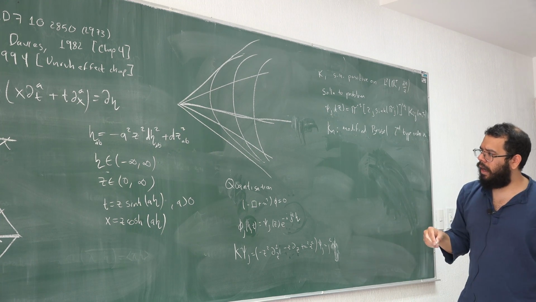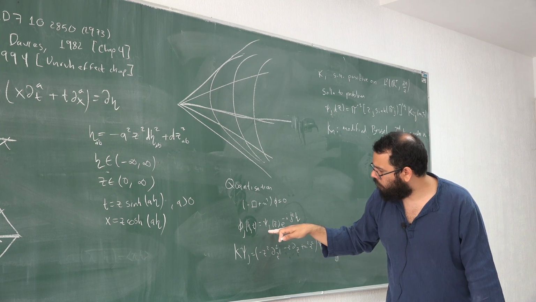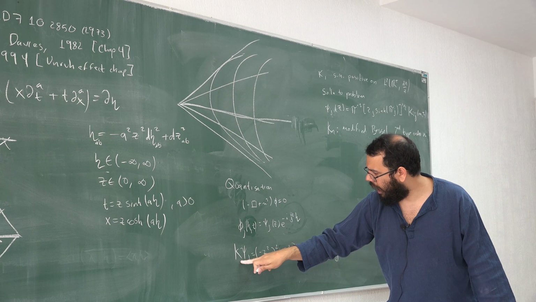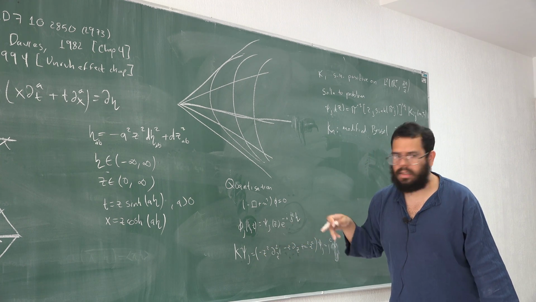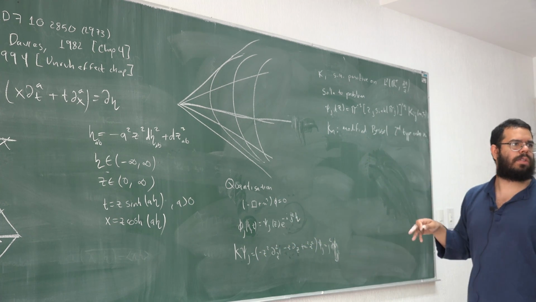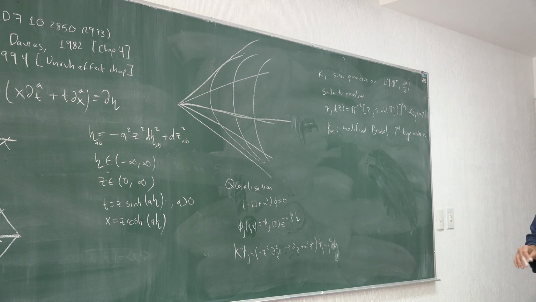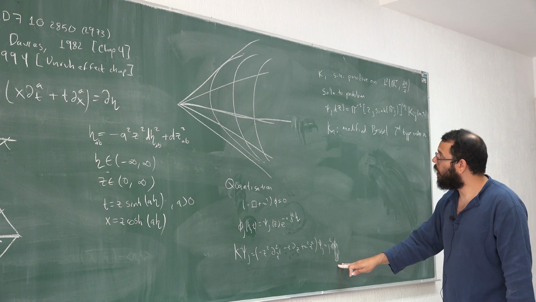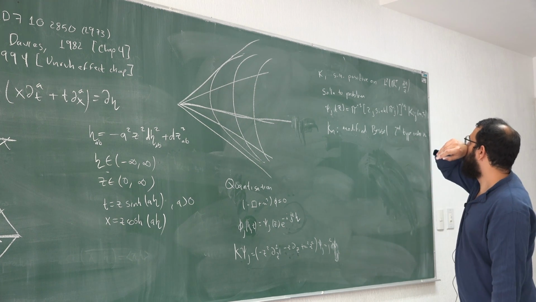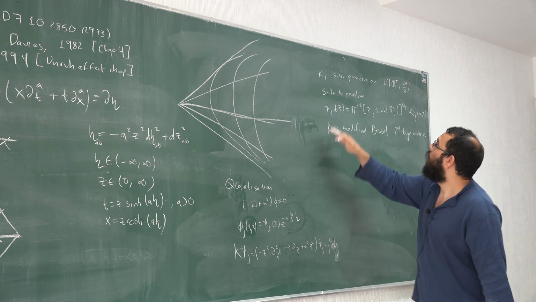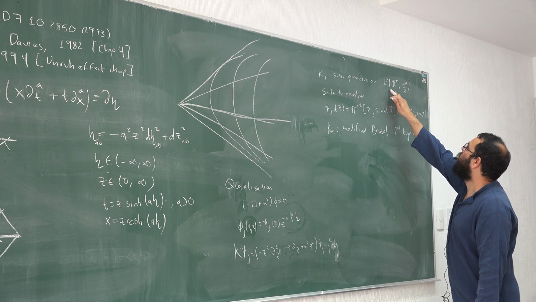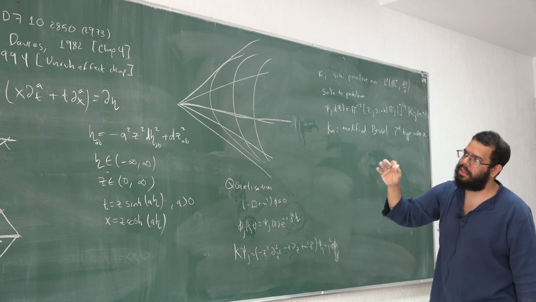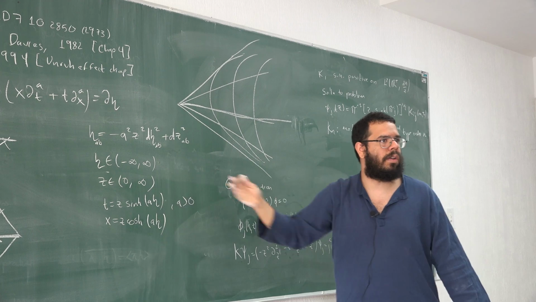And then you try to find these eigenfunctions of the operator K, which are z solutions, z modes, right? Constant time modes. So the elliptic problem looks like this in these coordinates, and it's a positive self-adjoint operator on L2 of R plus, because z runs from 0 to infinity, so you only integrate in R plus.